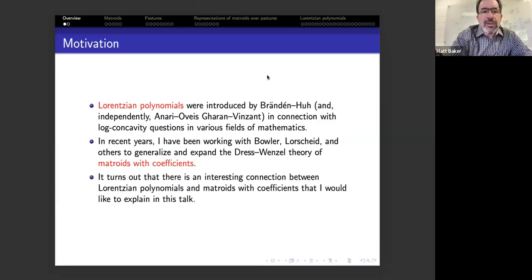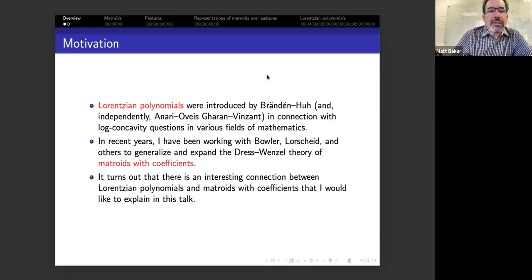And what I want to talk about here is that it turns out there's an interesting connection between these two worlds, and I will try to explain this in some detail here. And it sort of came as a surprise. We weren't exactly looking for this, but it just kind of turned up, and it's pretty interesting.